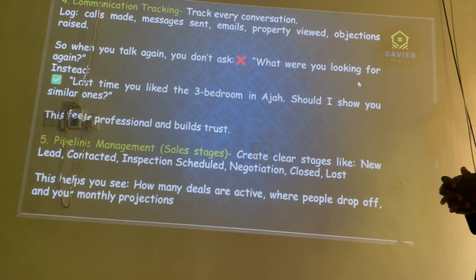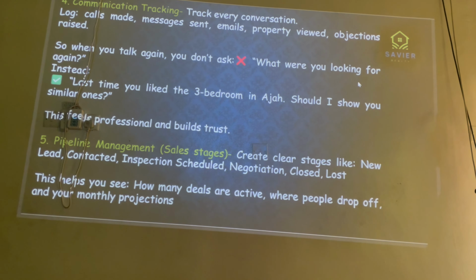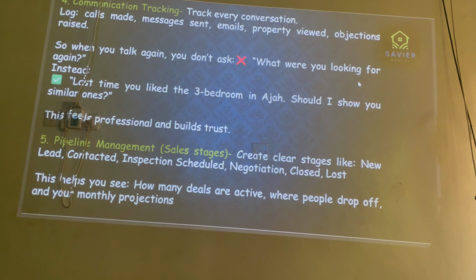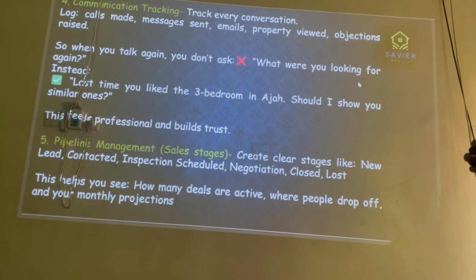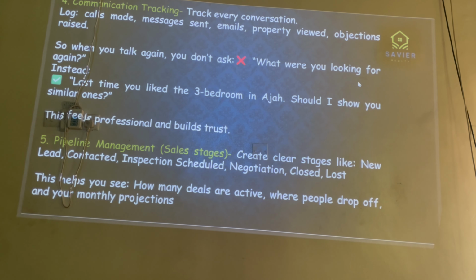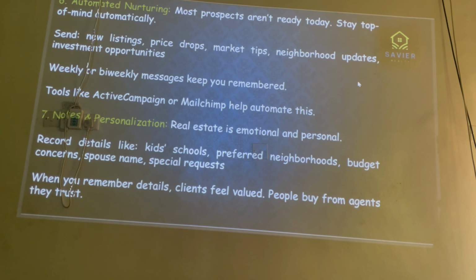Another thing is pipeline management that you should have in your CRM. Sales stages. Create clear stages like new leads, contacted, inspection scheduled, negotiation, closed, lost. These help you see how many deals are active, where people drop off, and your monthly projections. Next, automated nurturing. Most prospects aren't ready today.